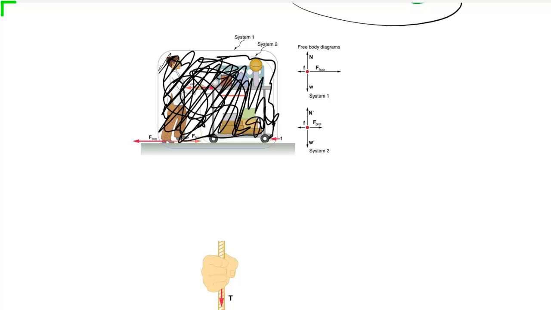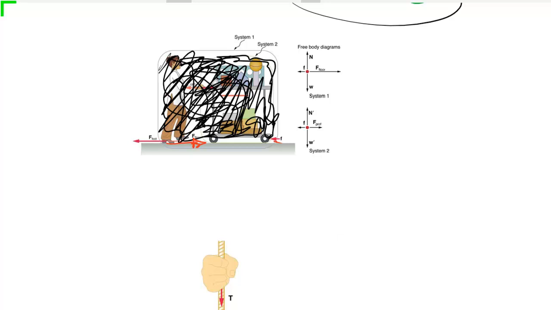We only care about the forces being applied on it from outside. There's the force the professor in the system pushes out, then there's the force the floor exerts forward on the system, and there's also a frictional force.